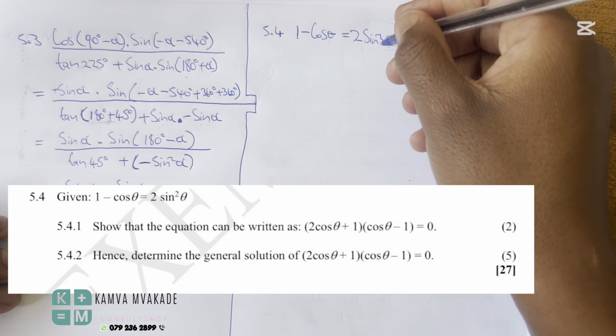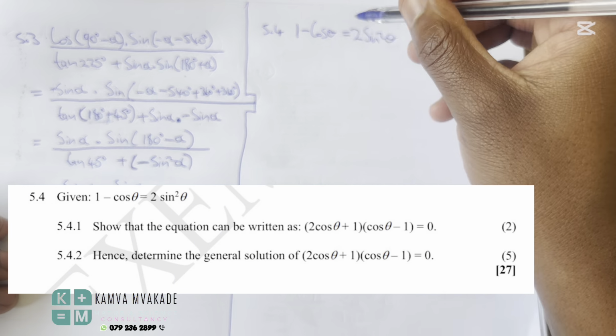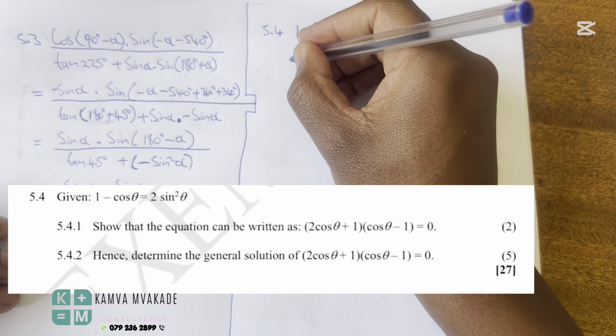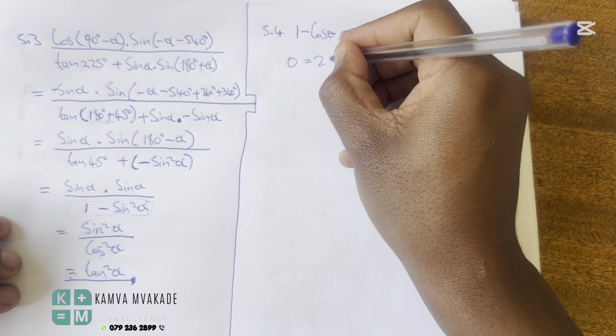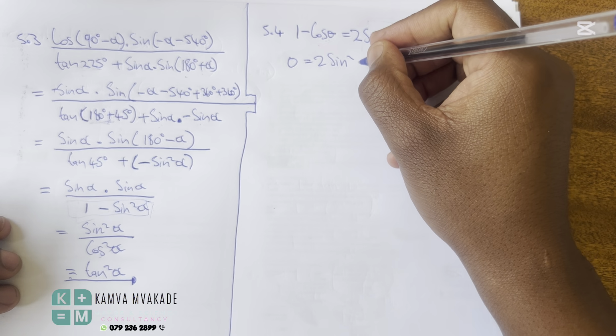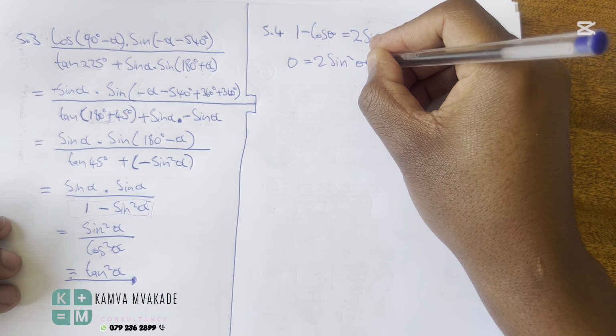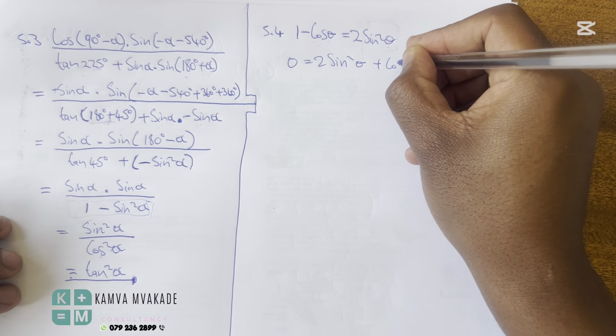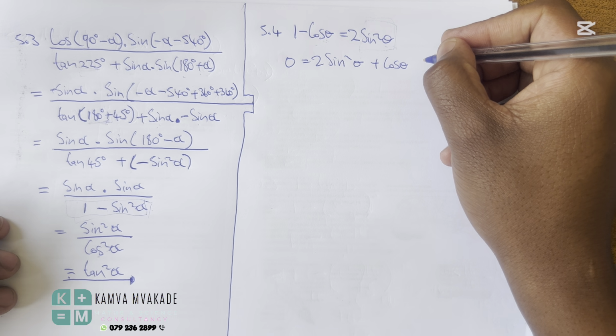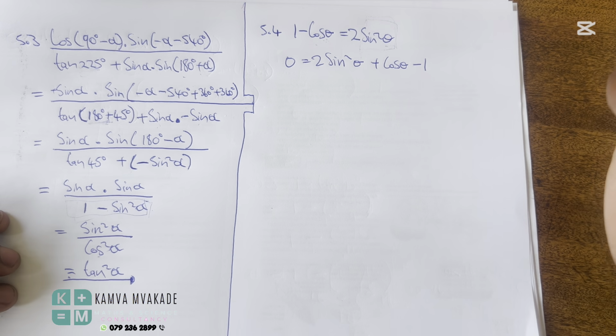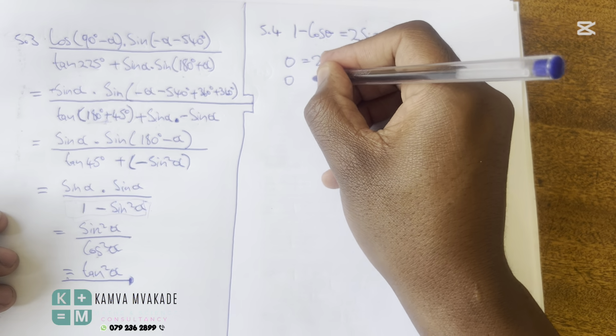So let us start by transposing the 2. Now it's going to be 0 is equal to 2 sine squared theta plus cos theta minus 1. So this side is still 0.